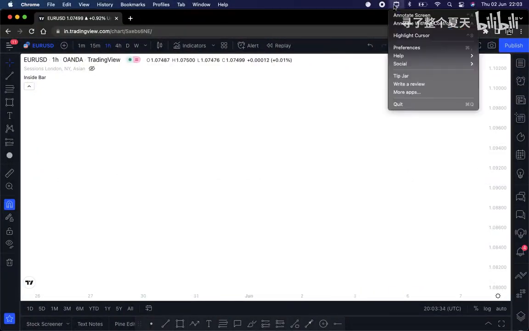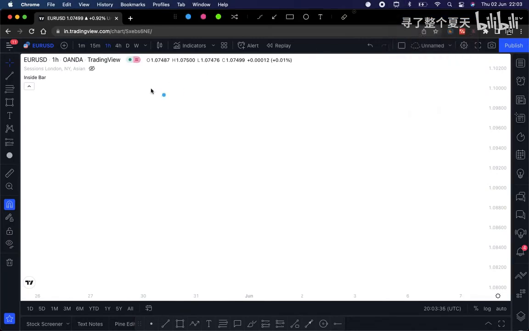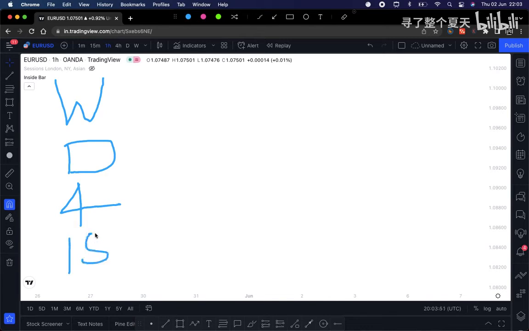So the time frames that I normally use are the weekly, the daily, the 4-hour, and the 15-minute time frame, right? So those are the time frames that I normally look at, right?